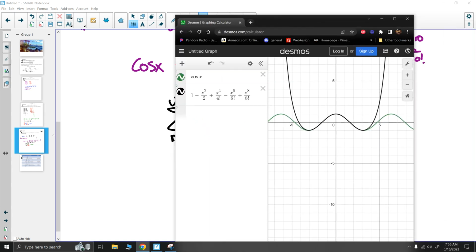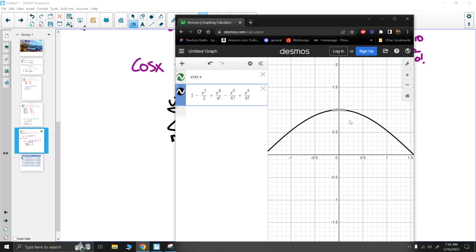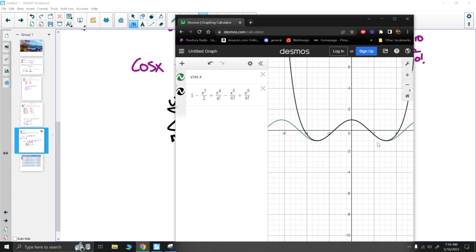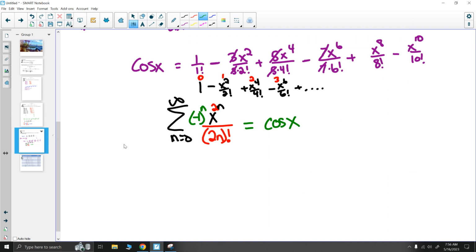And if you notice, this is starting to follow sine. I mean, right here, it's right on sine. That's really good. And as we pull this out, it follows this curve even more. So that is our Maclaurin series for cosine.